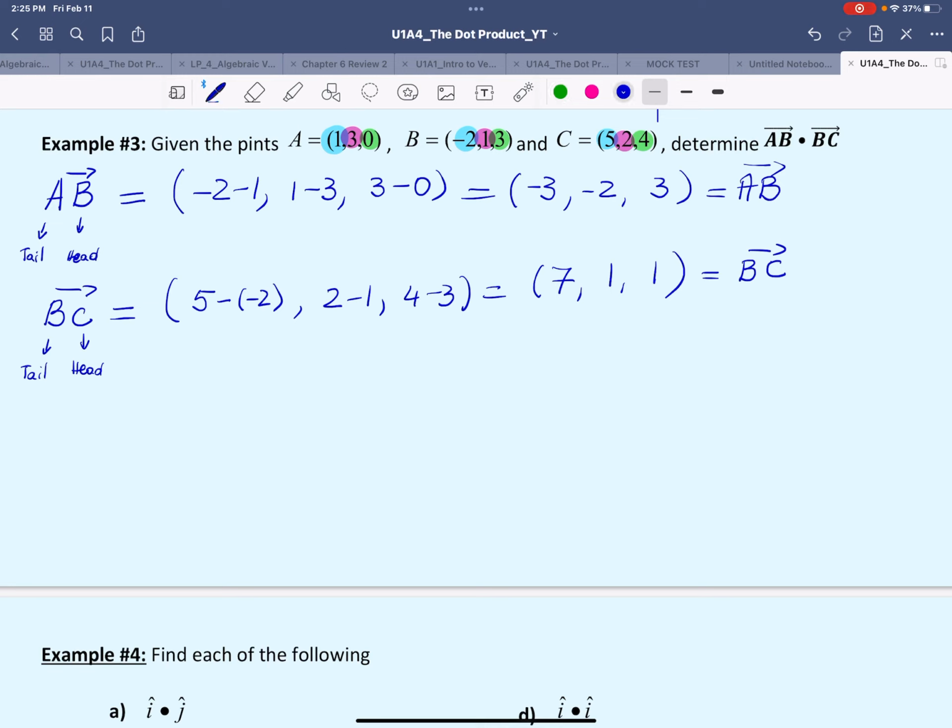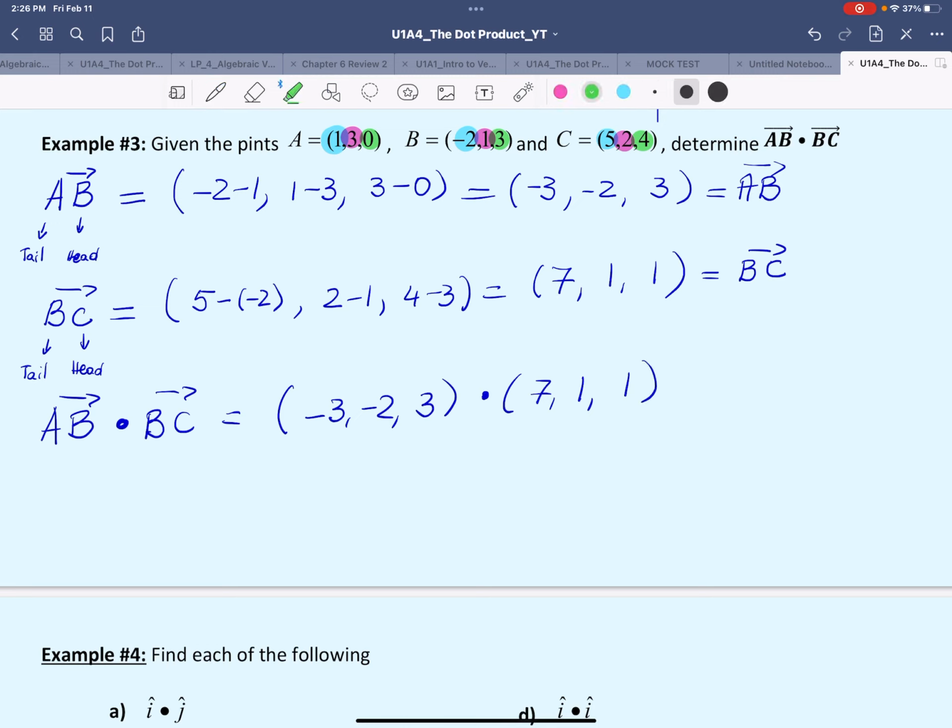So moving on to finding the dot product, we say AB dot BC equals -3, -2, 3 dot 7, 1, 1. And obviously, same drill. We're going to multiply the x's together, the y's together, and the z's together and add them.